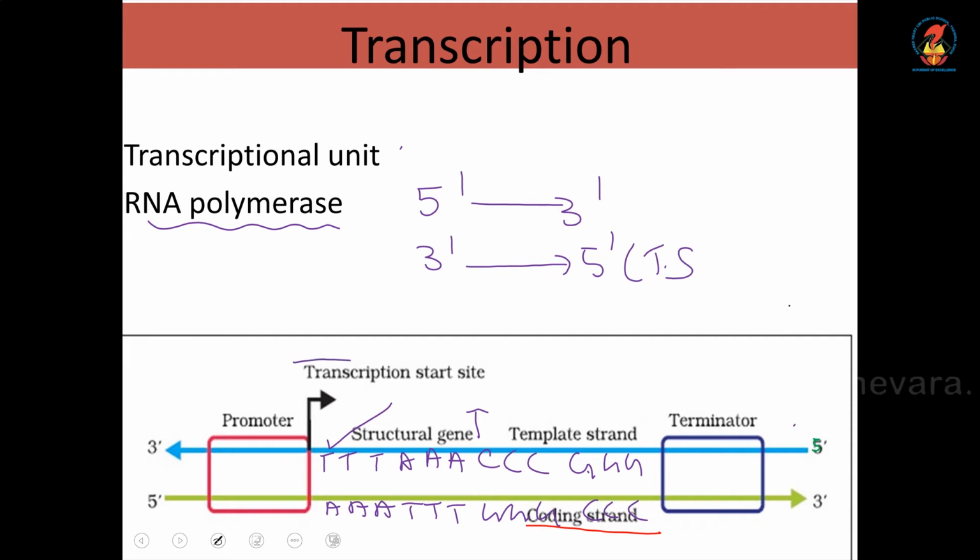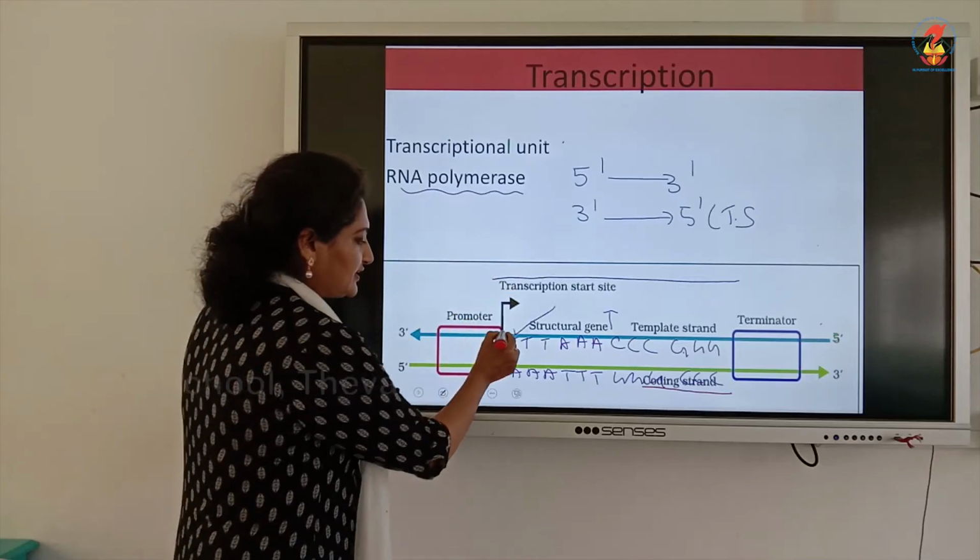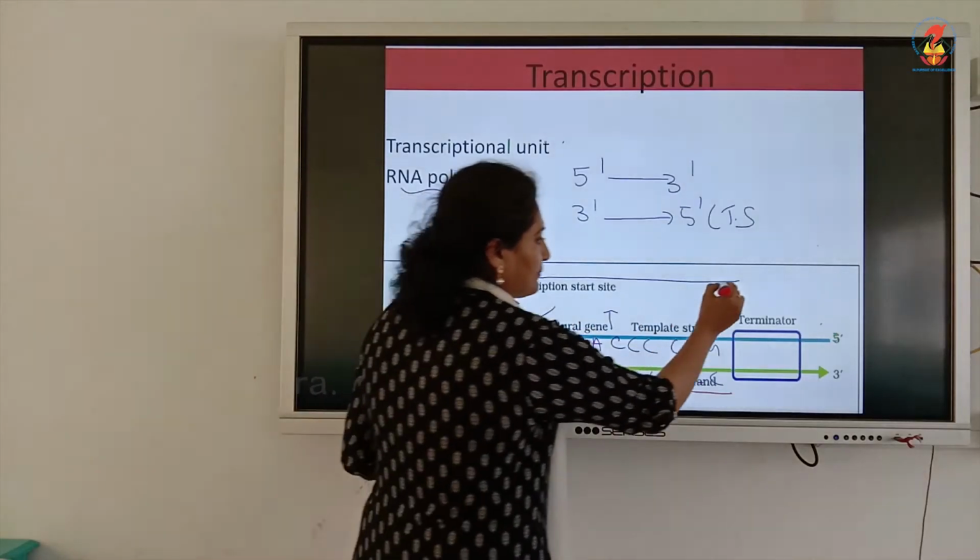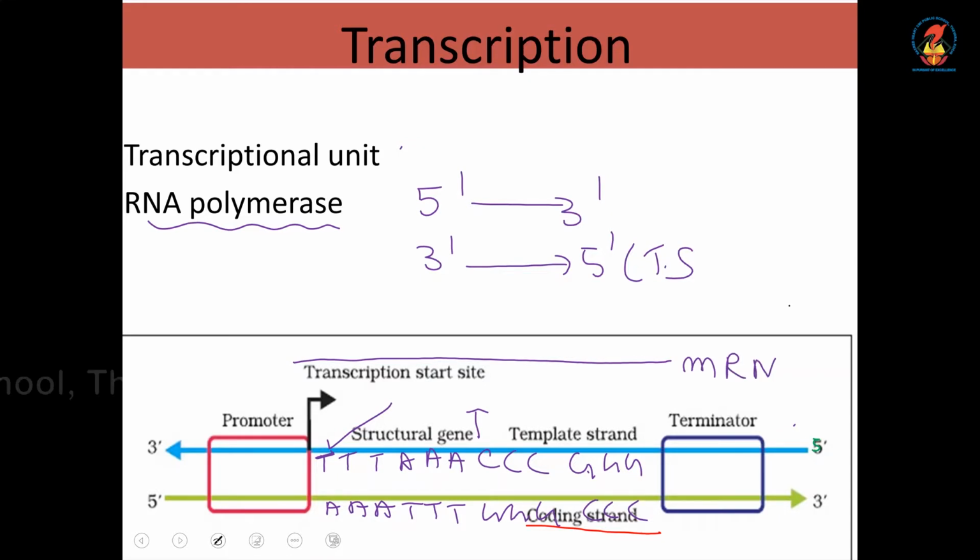So, I am going to draw the mRNA that is formed, equivalent or coinciding with the structural genes. Now, this is going to be complementary here. Now remember mRNA is synthesized, and we know the basic difference between DNA and RNA. Instead of thymine, it is uracil. So, that you should have in mind.